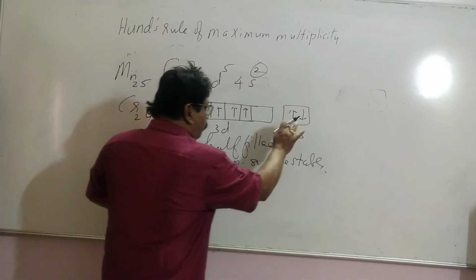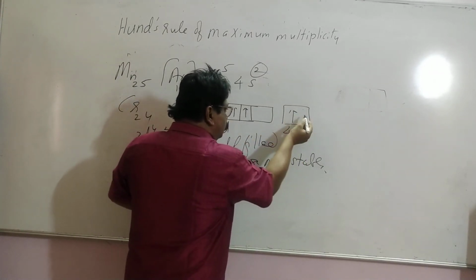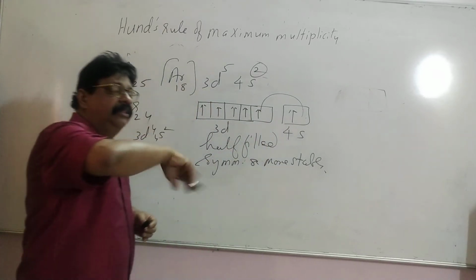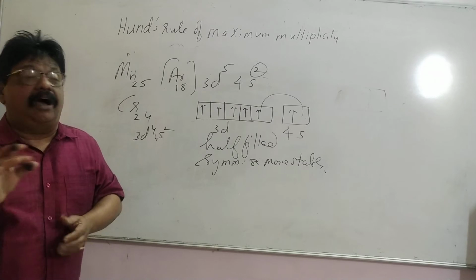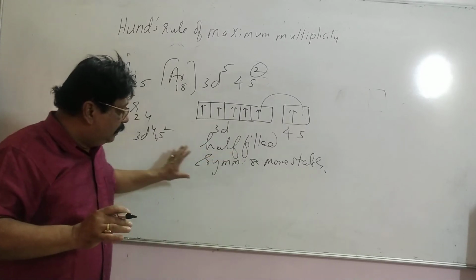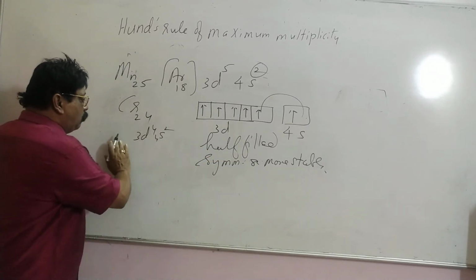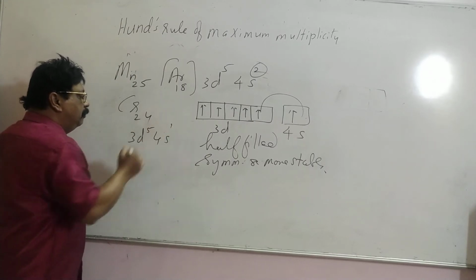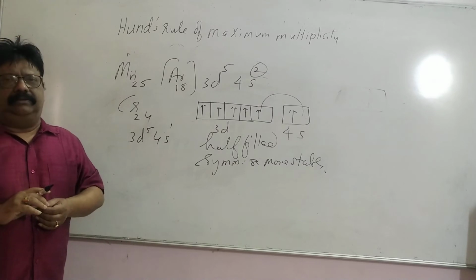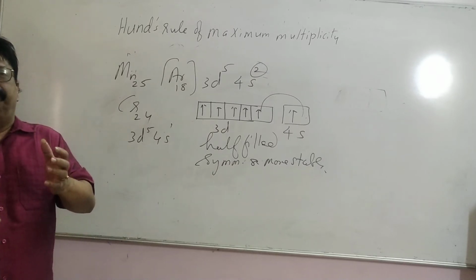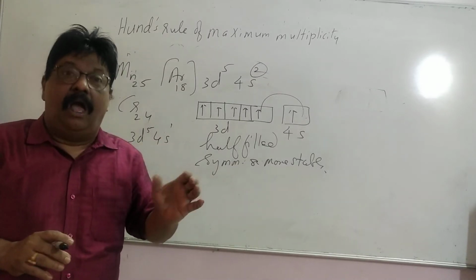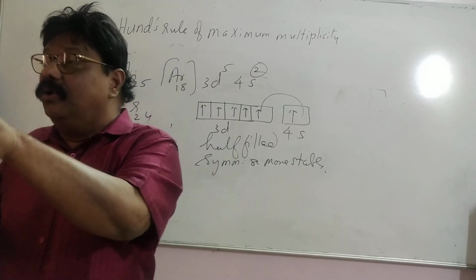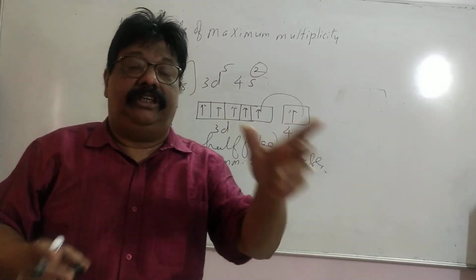So in chromium, in this exceptional configuration, 1 electron from 4s we will jump into 3d5 to make it half filled. So in chromium we have not this configuration, we have the stable electronic configuration 3d5 4s1. What is the reason? Being half filled, more symmetrical, more stable, according to which rule? Hund's rule of maximum multiplicity.